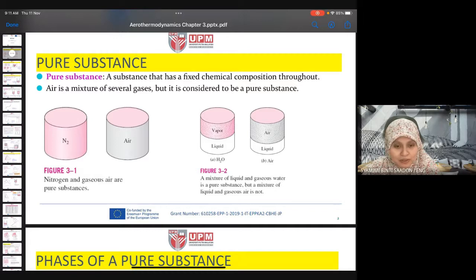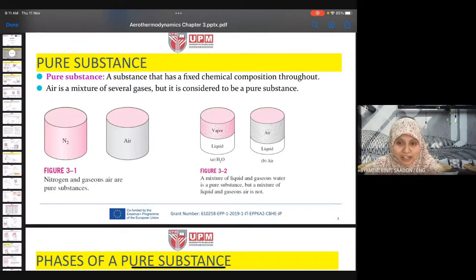However, another definition is that a pure substance also can be a mixture of liquid and gas. For example, if you have water in vapor phase, and at the same time we also have water in liquid.